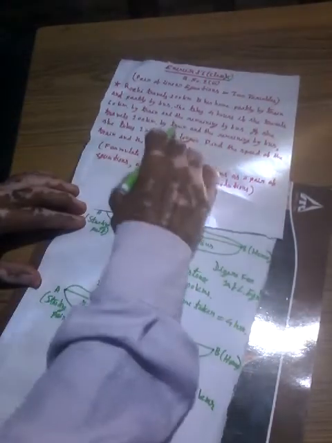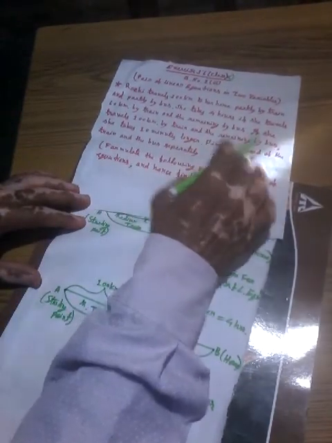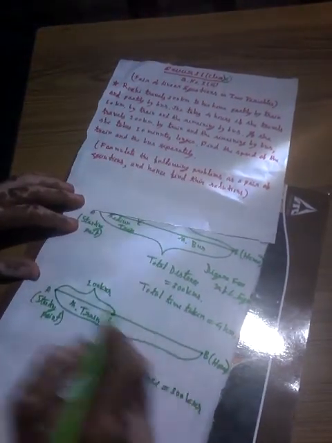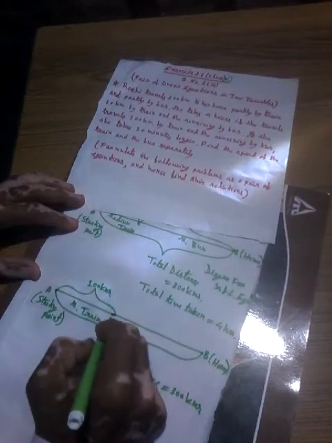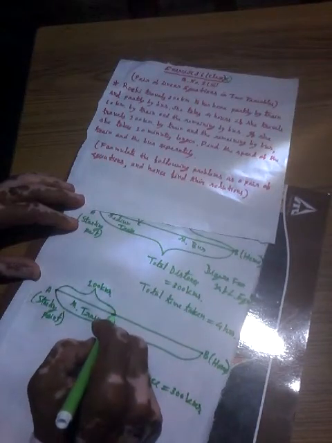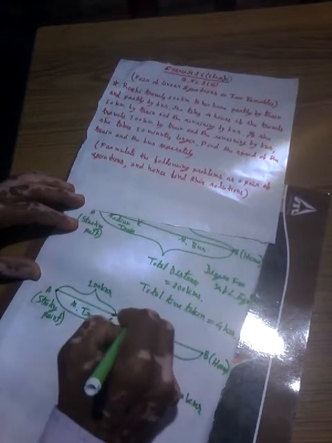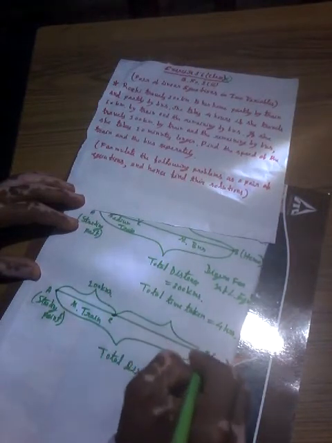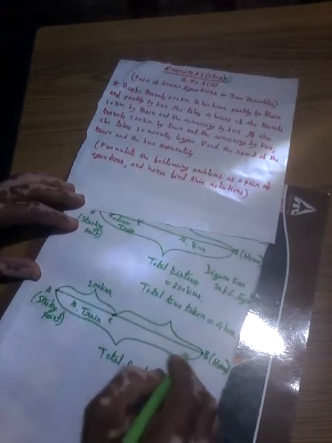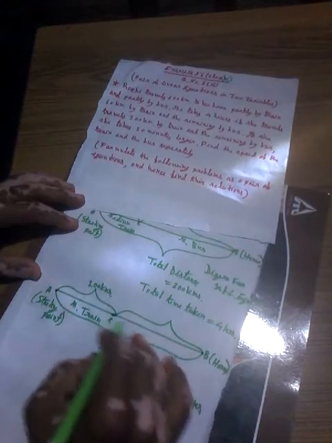And the remaining by bus, the distance from C up to B, this distance is covered by Rochi by bus.